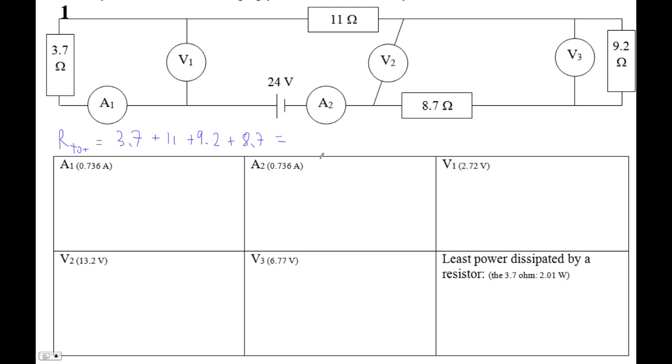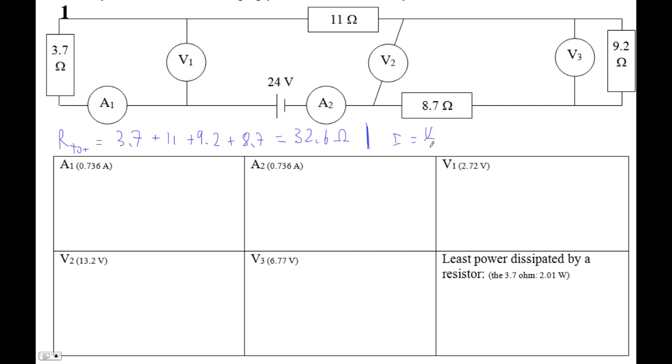All right, here we go. 3.7 plus 11 plus 9.2 plus 8.7 is 32.6 ohms, right?